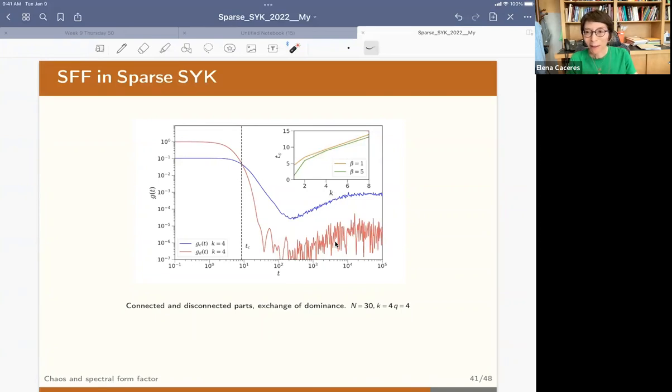There's definitely more to look into. As I said, the bulk understanding of what's going on is unclear, and that's also another question. But no, we did not do that scaling analysis. Okay, thanks.